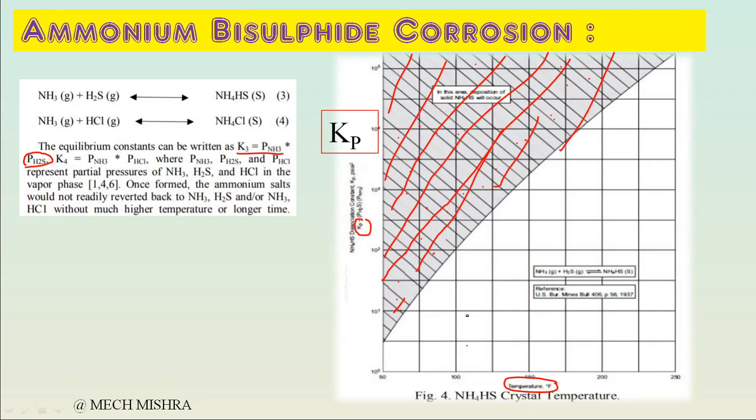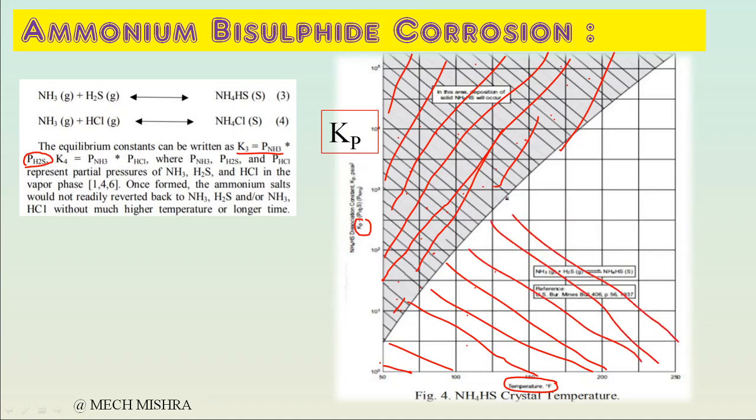We should be in this range, where deposition will not occur at all. So we have to calculate our conditions and remain in this range to avoid ammonium bisulfide deposition.